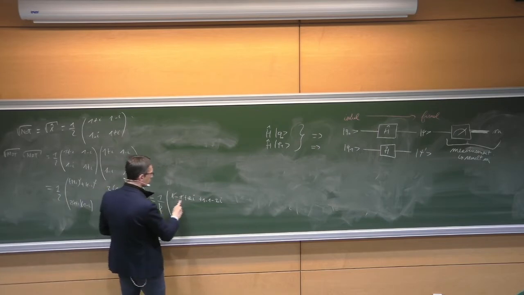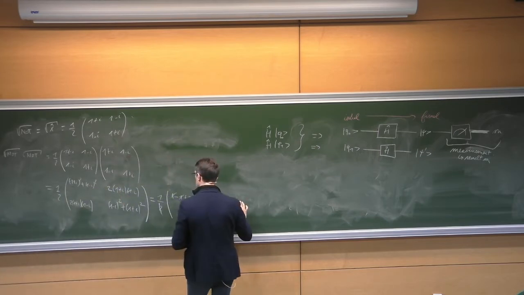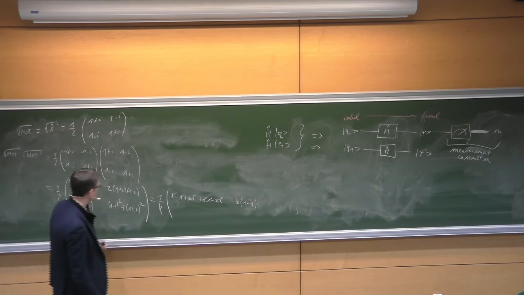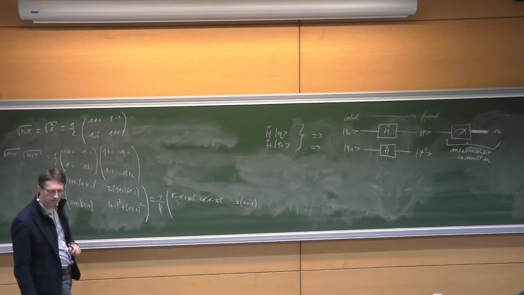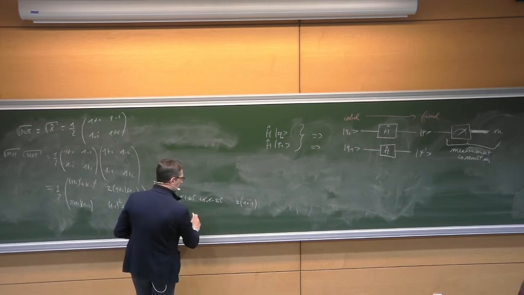So everything goes away. And then for the second term, it's going to be 2, 1, plus 1, because it's i squared minus i squared, so it's plus 1. Here it'll be the same.